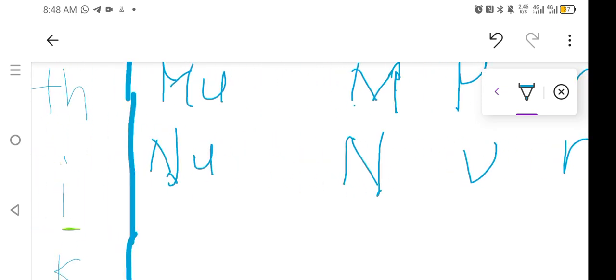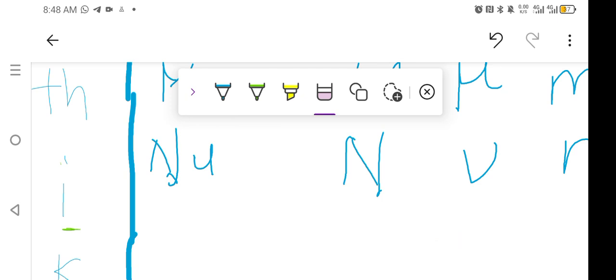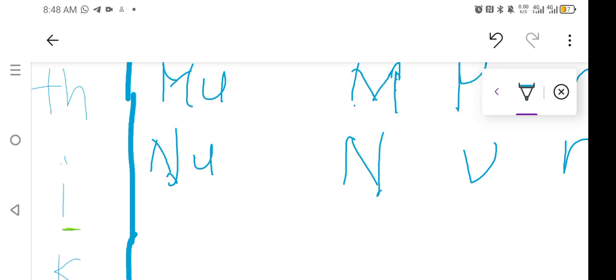Our next letter, remember when we wrote zeta, we said zeta was one of the most complex of all. I hope you've been practicing your letter zeta. Now, this next one is also complicated a little bit. At least it'll take a lot more practice than the rest of these letters, because that is xi. The uppercase and the lowercase are completely different, and the English equivalent is completely different.